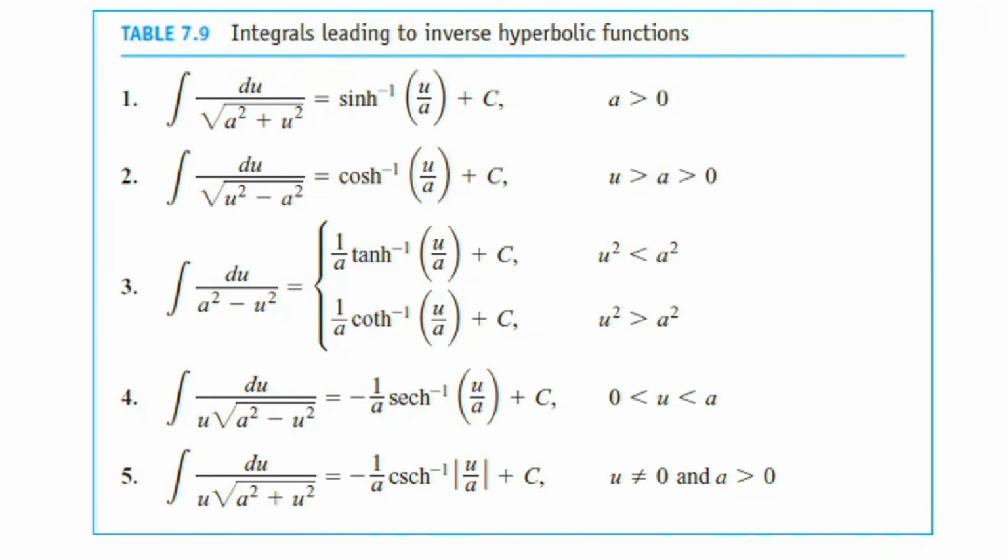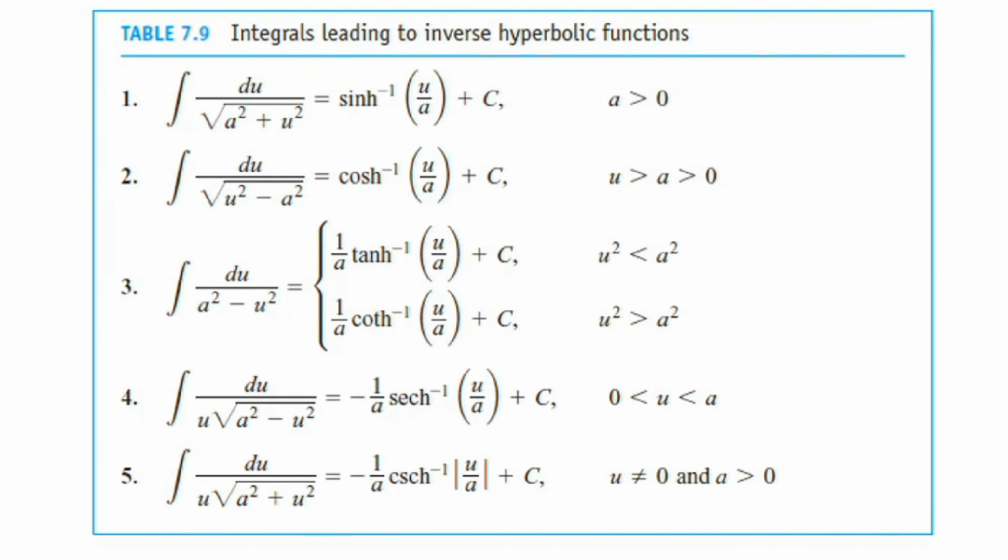Number 2, the integral of du over the square root of u squared minus a squared is equal to the inverse hyperbolic cosine of u over a plus a constant, provided that u is greater than a and a is greater than 0, or a is less than u but a is greater than 0.